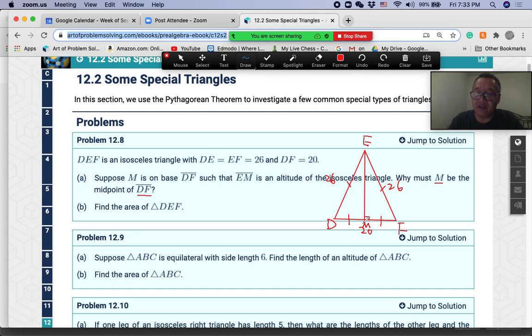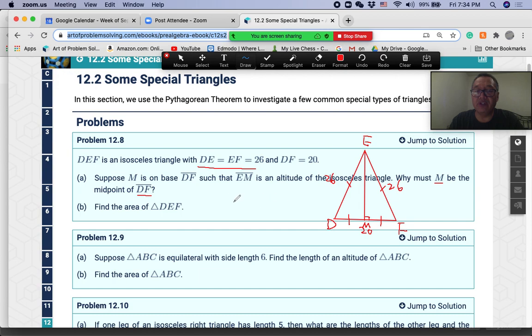To prove this, I'm thinking of using congruent triangles. In triangles DEM and FEM, we have DE equals EF, they give us that. Then the shared side EM, and they also give us that EM is perpendicular to DF. So these two triangles are right triangles.